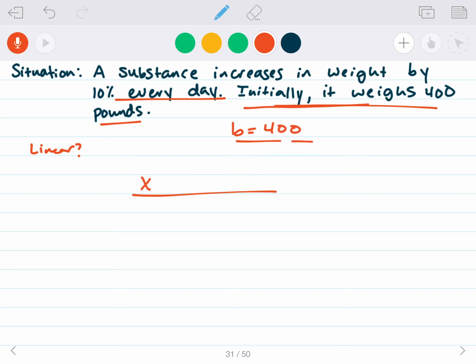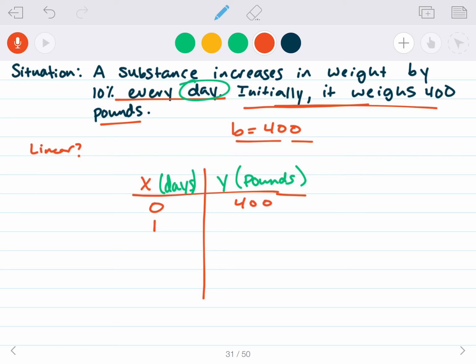So if we make a table for this situation, x, again, is typically time. So here, our time is in days. We can see that. So x is going to be in days, and our y value is going to be in pounds, how much this thing weighs after a certain number of days. So at day 0, our initial value is telling us that it weighs 400 pounds.